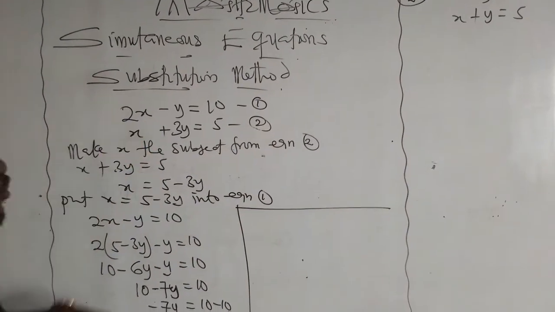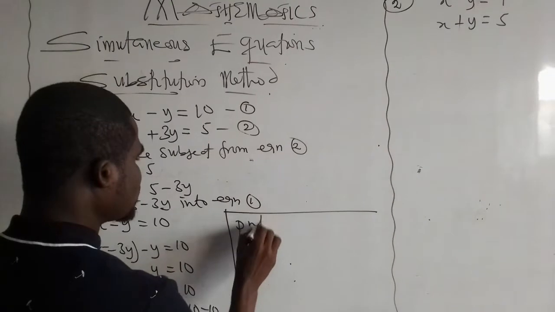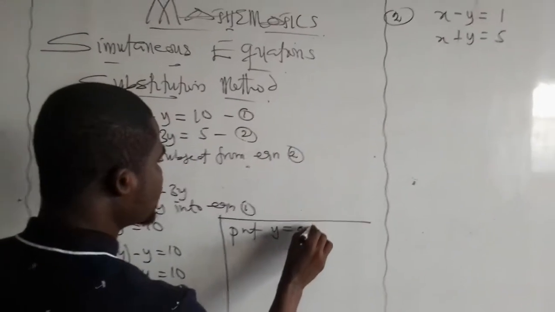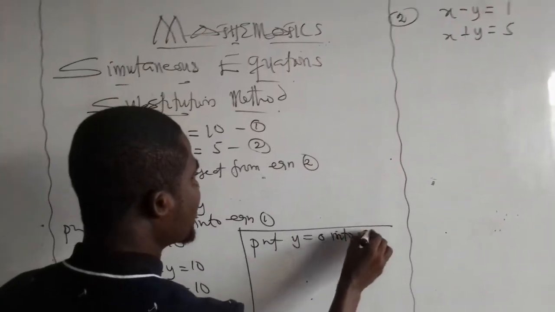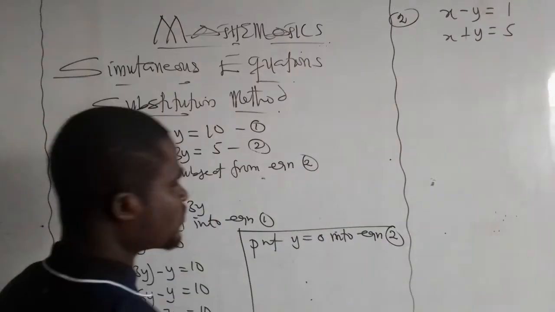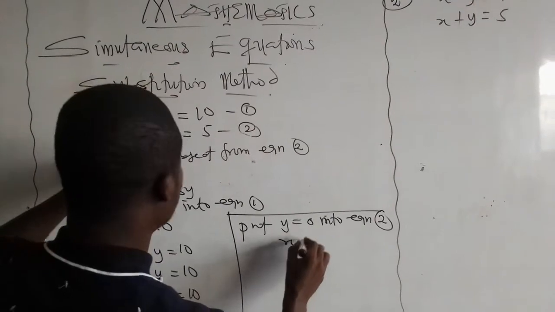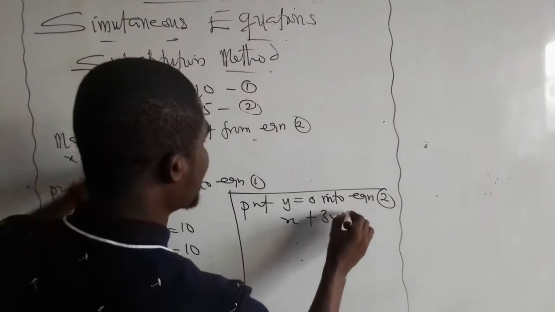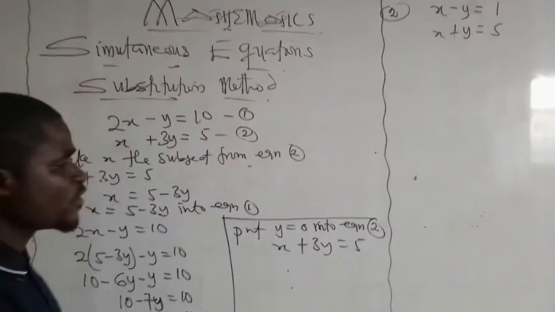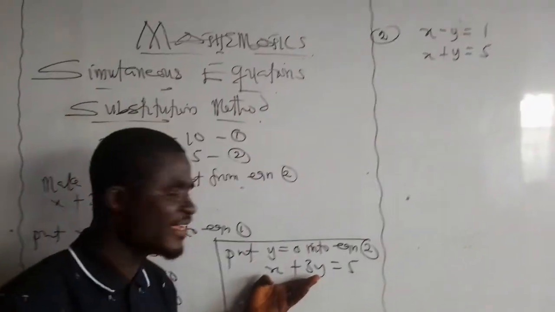In equation 2 we have x plus 3y equals 5. Wherever you see y, put 0 there.